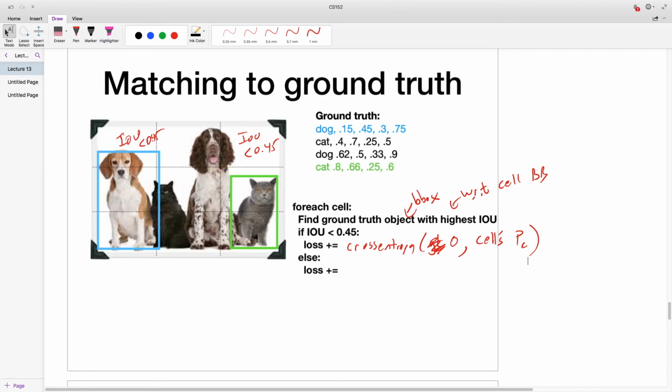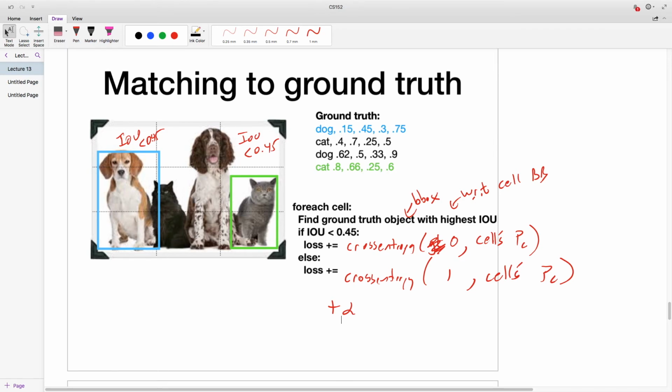Whether or not it's an object. And is it an object? Yeah, so we wanted to say it's an object. So the first thing we want to do is do a cross entropy with the cell's PC. And what are we comparing it against? 1. Okay. Plus some alpha, because we need to make these all kind of match up.